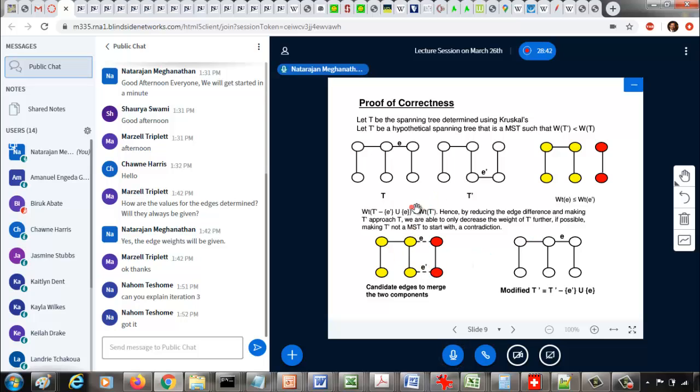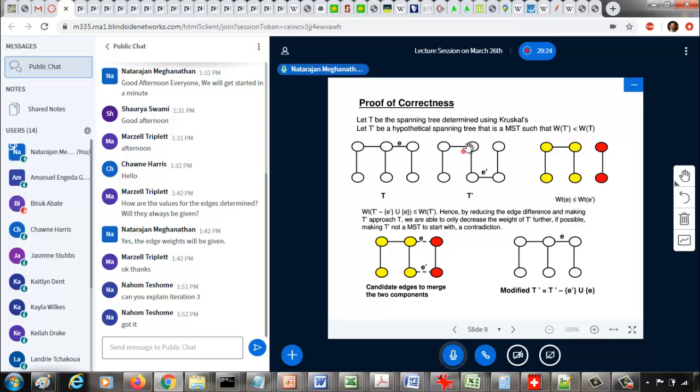In that case, there should be at least one edge difference between T and T prime. What do I mean by an edge difference? There should be an edge E which is in tree T and not in T prime, and an edge E prime which is in T prime and not in T. In this example, all the other edges are in both trees.